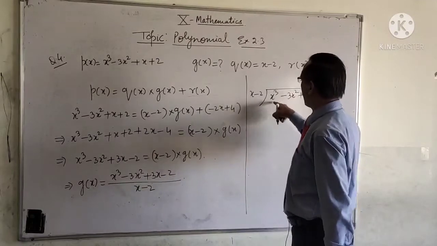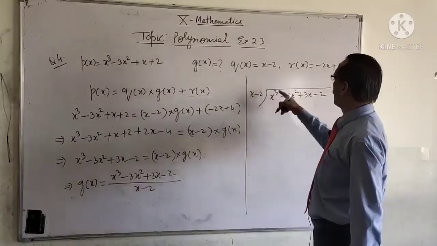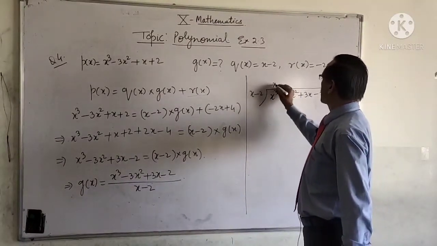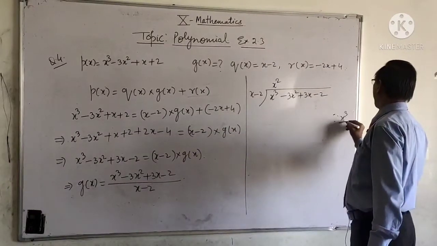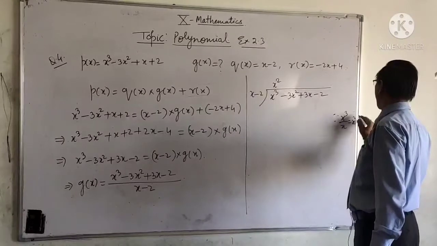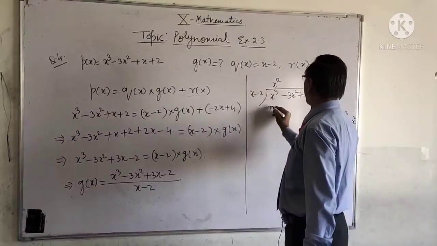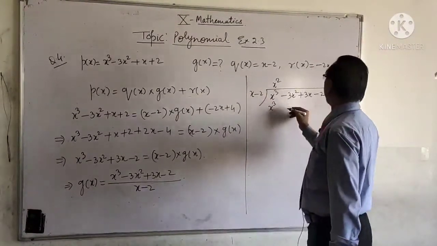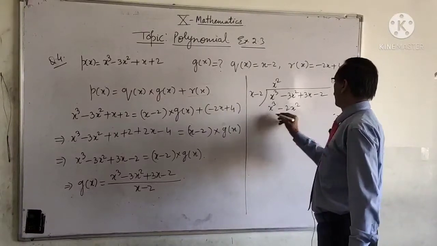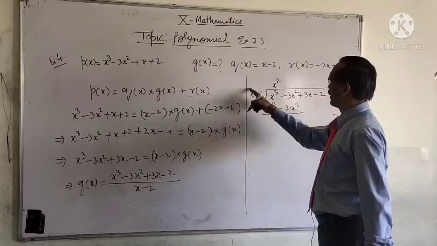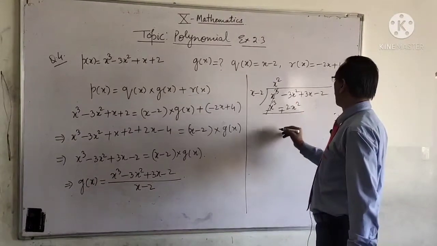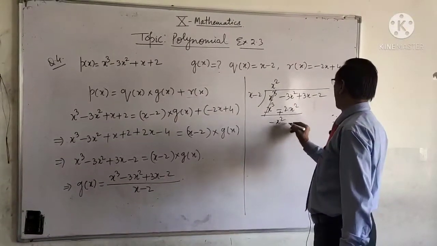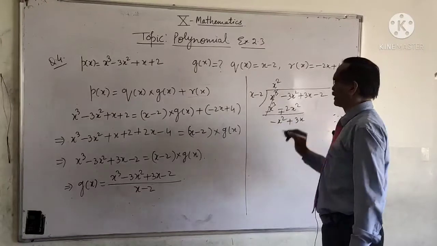There is x cube, so the first term of the quotient is x square, since x cube upon x equals x square. So it is x^3 minus 2x^2. Multiply this term by x minus 2. Subtract, minus plus cancels out. Minus x^2 plus 3x.